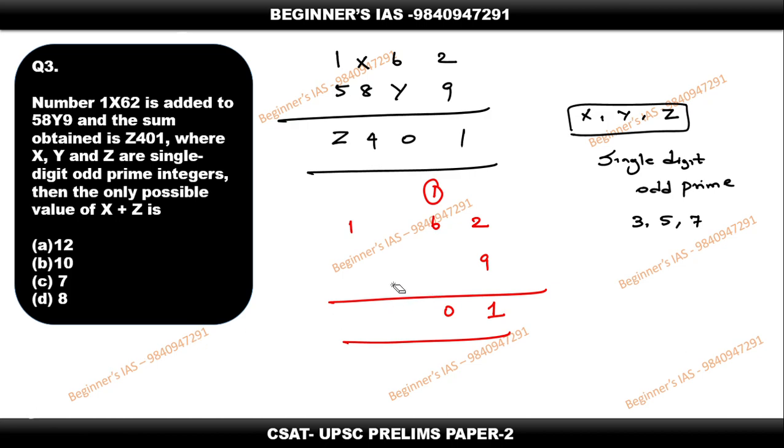In the place of y, I need to put something among these 3: 3, 5, 7. 7 is already there. To get the resultant as 0, I need to put 3 in the place of y. Then only I am getting the resultant as 0. Then again 1 carries here.